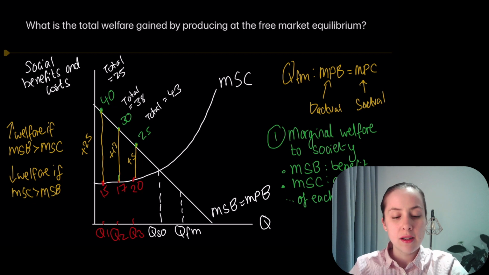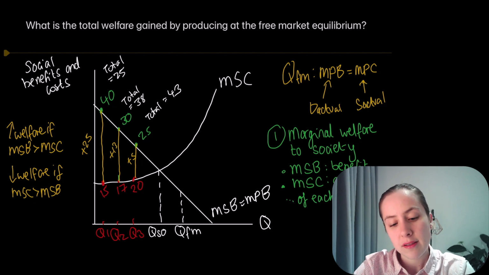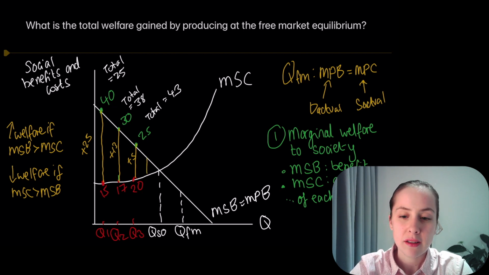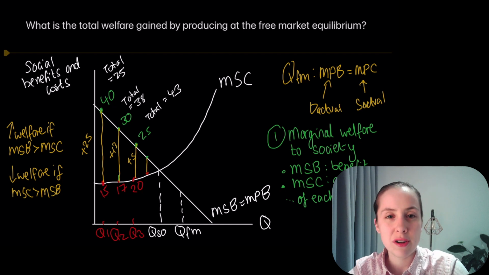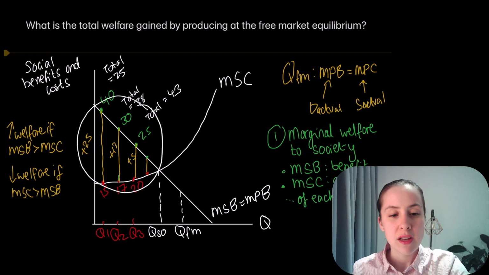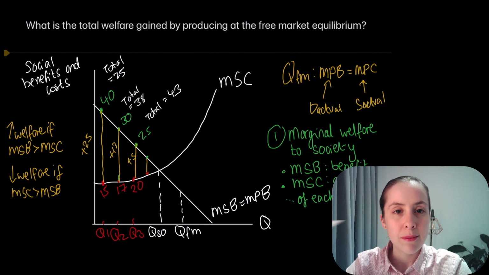And you know that's going to be true for the next unit that I pick because it has the benefits again higher than the costs. So overall, all of this area in welfare was gained up until QSO. That's not what the question asked. The question asked the welfare at QFM. So to get to the welfare at QFM, let's keep going.